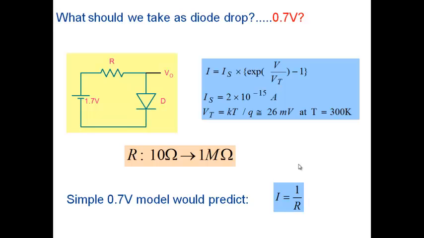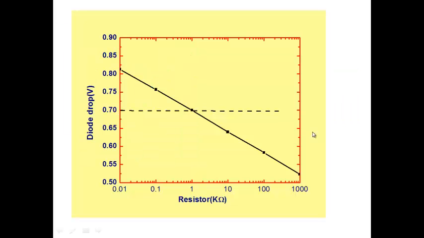The other way would be to actually use the exponential model and calculate current directly without making approximation. And then let's see the error here. So my simple model assumes 0.7. The actual diode drop is changing in this particular manner here.